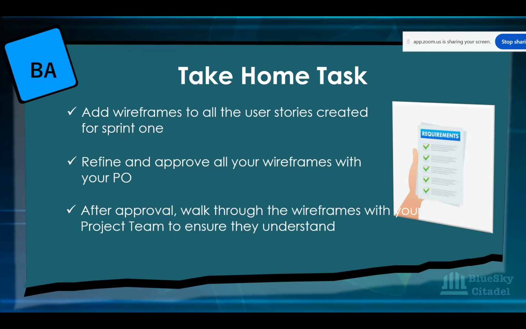Once you're done with that, you pull up a wireframe and say, this is the wireframe. If you're explaining your wireframe, you haven't done it well. All the explanation is in the user story and the acceptance criteria. So you find a BA that is saying, okay, the logo has to be here, the logo has to be on the left, that must be part of your user story and your acceptance criteria.